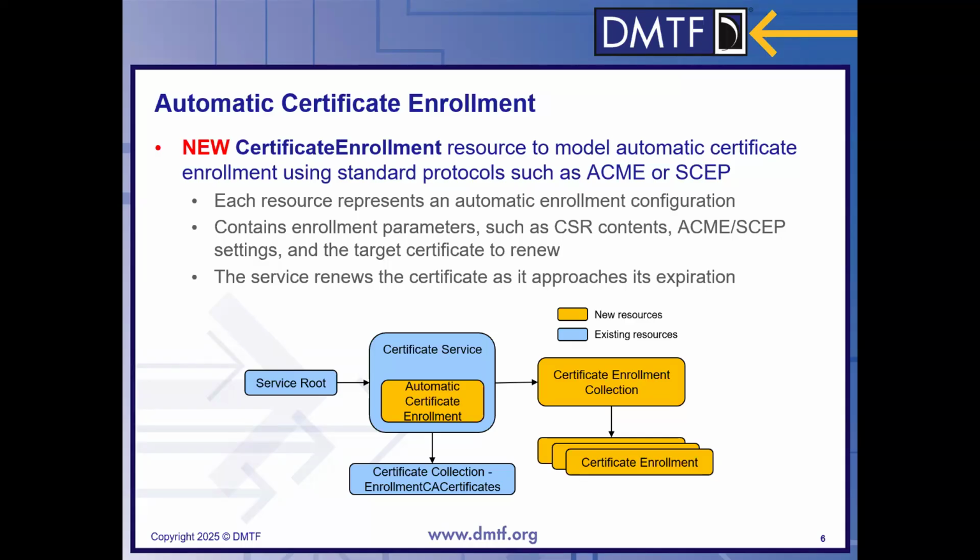Each certificate enrollment resource represents a single automatic enrollment configuration, and it contains parameters such as the CSR contents that you need to convey to your provider for automatically onboarding a new certificate, the different types of ACME and SCEP settings, such as where your provider exists and what types of authentication methods you may need with that provider, and the location of the target certificate to renew automatically, such as your manager's web server certificate.